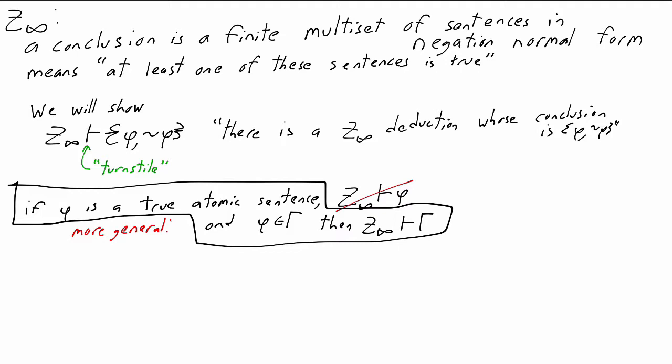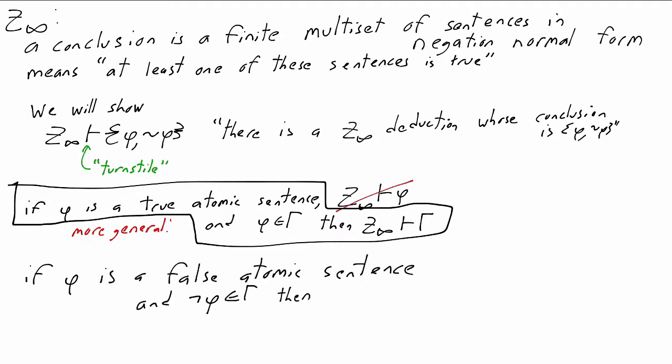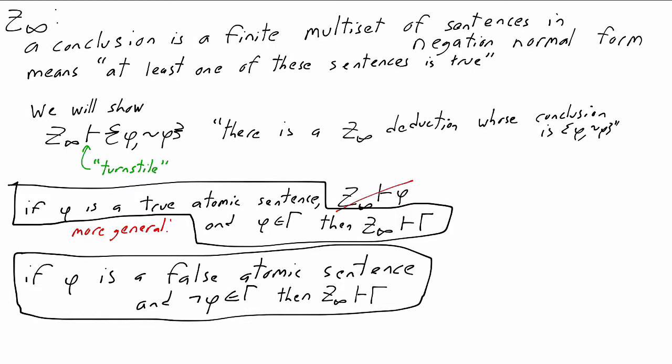Dually, if phi is a false atomic sentence, then the negation of phi is a true sentence, and we also consider it simple enough to just notice that it's true. So if gamma is a multiset which contains the negation of a false atomic sentence, Z infinity can deduce gamma. This is regular negation, because we're allowed to negate atomic sentences in negation, not normal form.